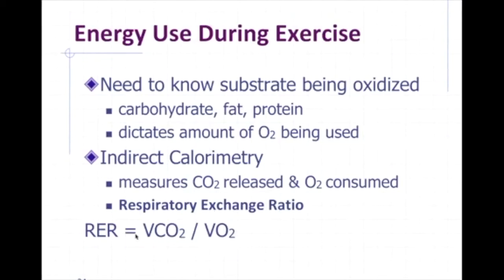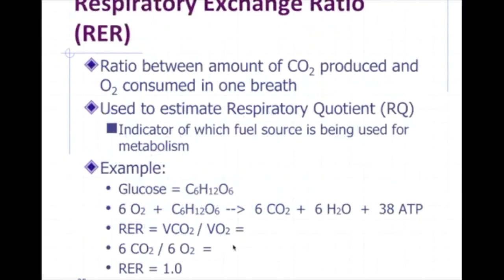This is called our respiratory exchange ratio, or our RER. Essentially it is our volume of CO2 divided by our volume of O2. So it's this ratio between CO2 and O2.